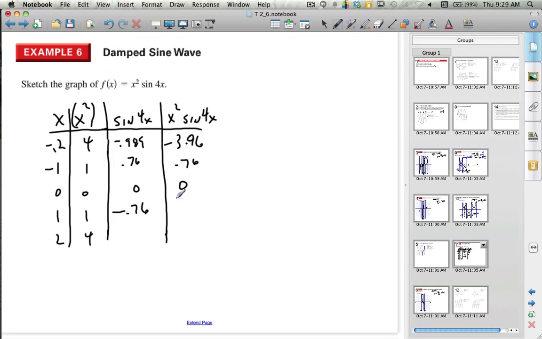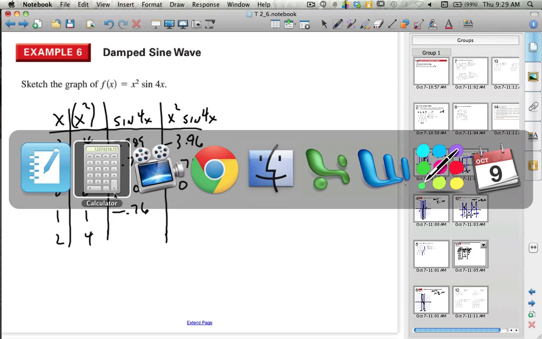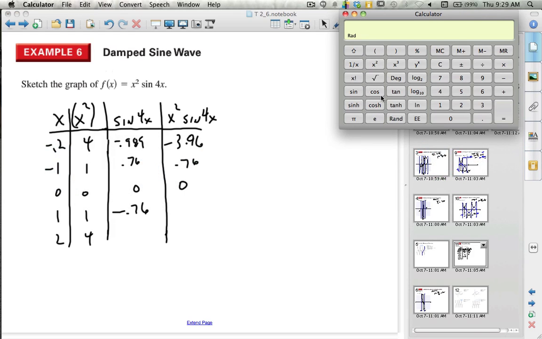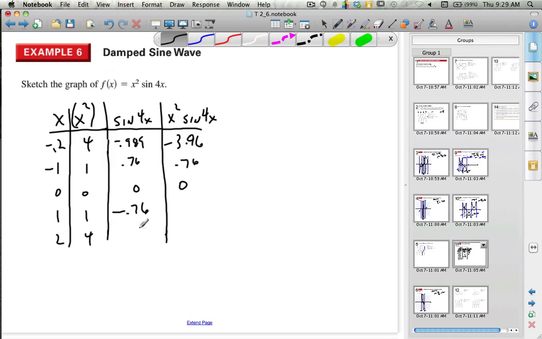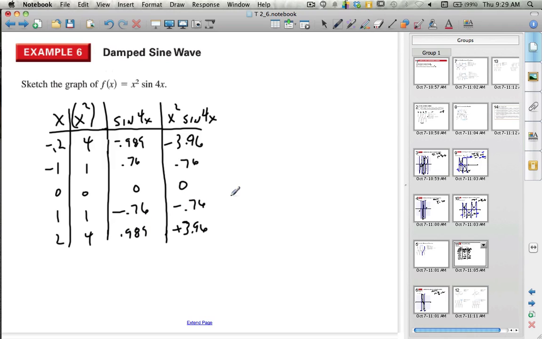And then we're going to want the sine of 8, 0.989, times 4, which is going to be 3.96. So you'll see that these are opposites. Sorry, positive 3.96. I'm sorry, this is 0.989, and -0.76.